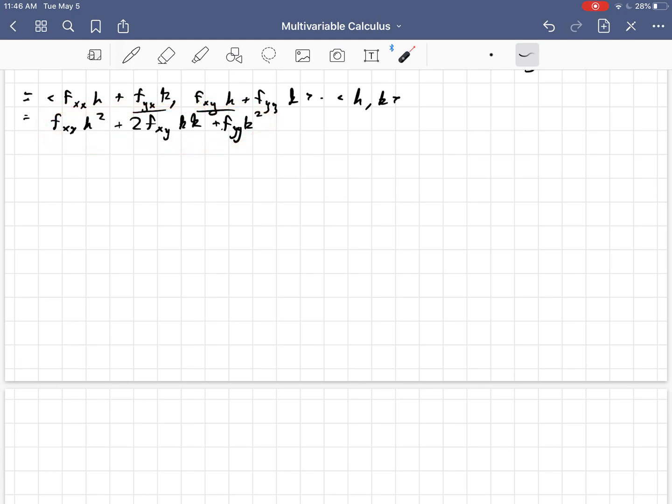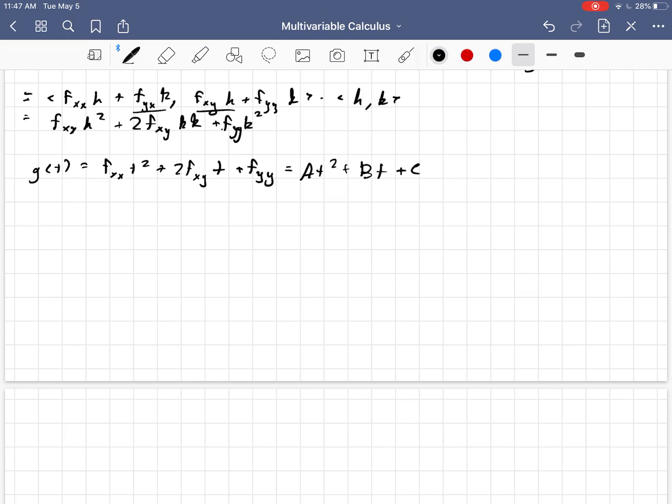Okay, so you might notice this piece here that we've just found looks kind of quadratic-like, if you will. So let's force it to become that. Let's consider g of t to be f sub xx t squared plus 2 f sub xy t plus f sub yy, and we're going to let that be a t squared plus b t plus c.